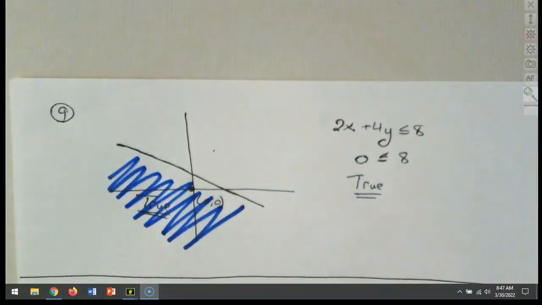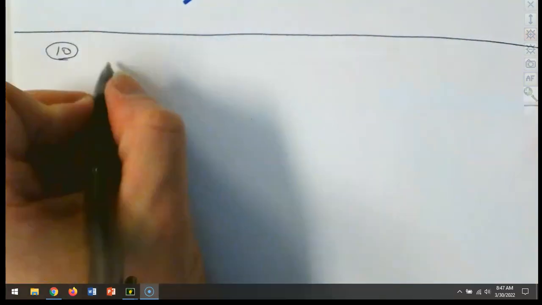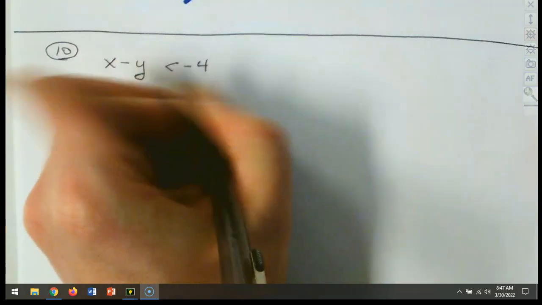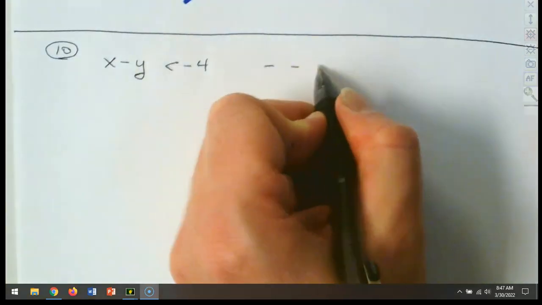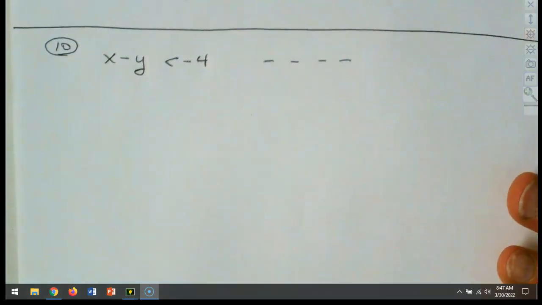Question 10, we're going to have to completely draw the line, but it's no more difficult. So x minus y is less than negative 4. This one is going to have to be represented by a dotted line, because it's strictly less than.